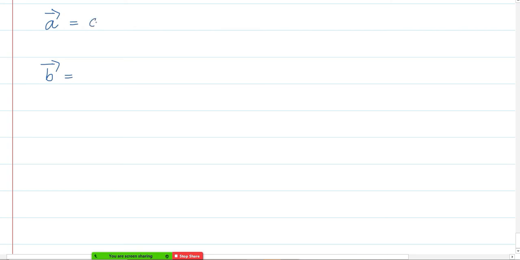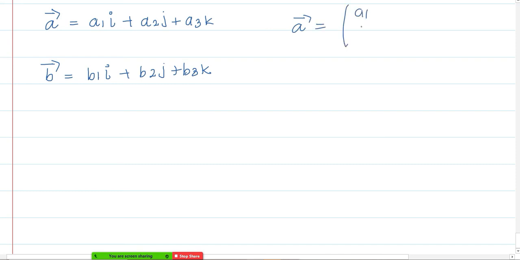Let A vector be A1 i plus A2 j plus A3 k. In the same way, take B vector as B1 i plus B2 j plus B3 k. This you can also write in column vector form: A1, A2, A3, and B vector as B1, B2, B3.